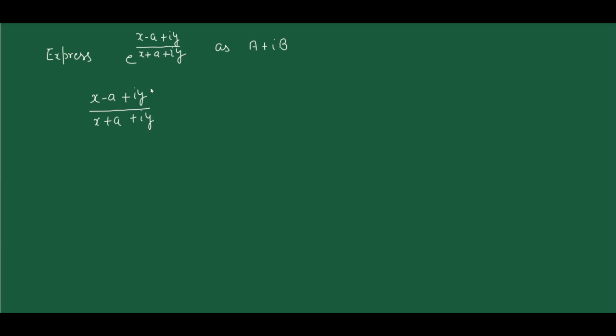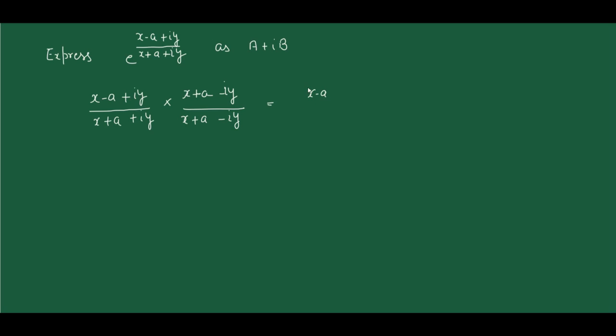When complex numbers are in numerator and denominator, the best way is to rationalize. So we rationalize this by multiplying by x plus a minus iota y divided by x plus a minus iota y. Okay, now simplify this.